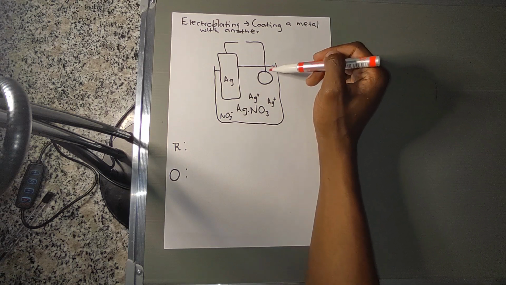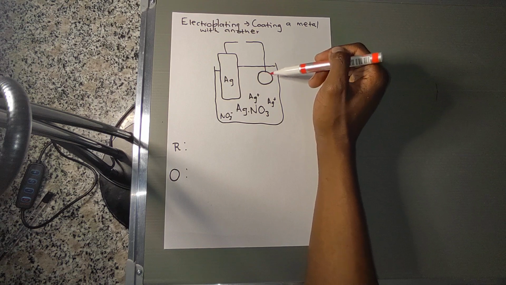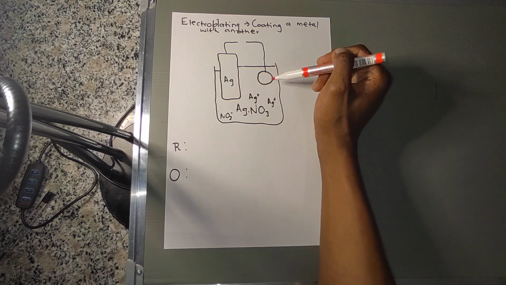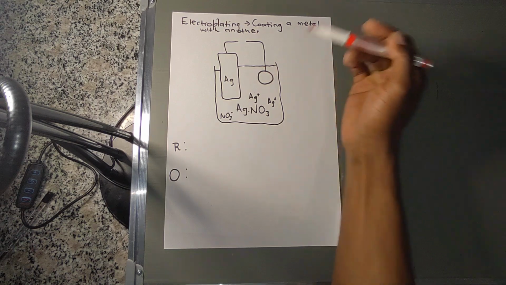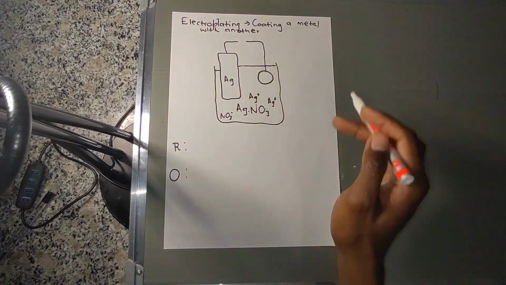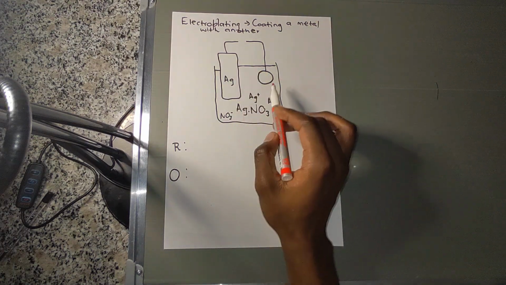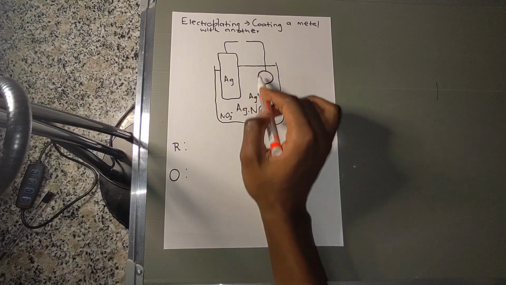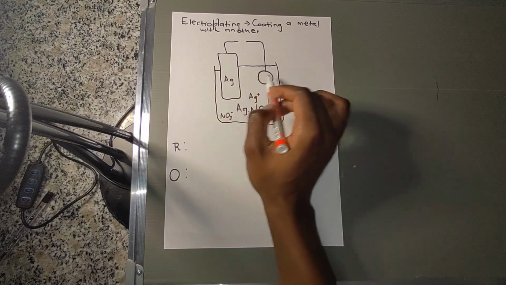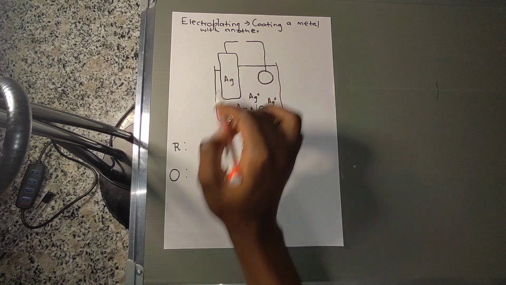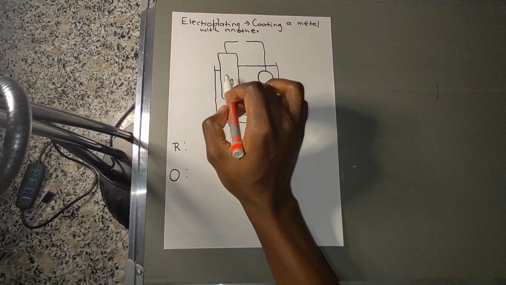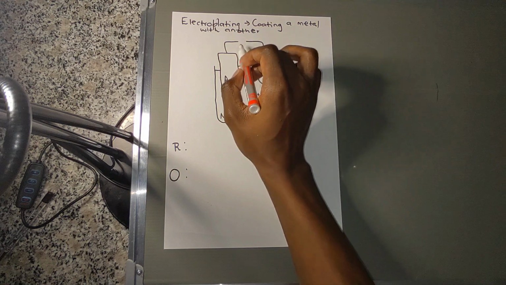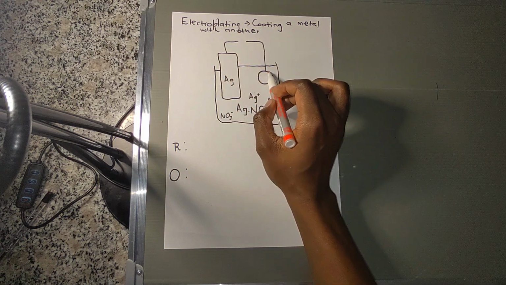A lot of people will buy a gold ring only to discover that underneath the gold is a cheap metal, but it is coated with a very expensive metal. So in this situation, we have this ring, which is a very cheap metal. So we want to coat this ring with silver. So we want the silver electrons to be transferred to this.